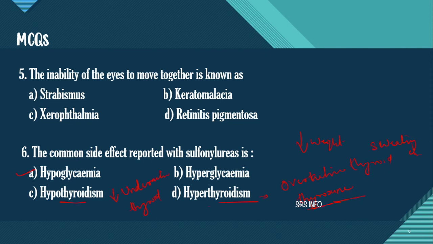It disrupts the heart rate, body temperature, etc. It will lead to fatigue, cold sensitivity, constipation, dry skin, and unexplained weight gain. This is most common in older women. So the common side effect reported with sulfonylurea is hypoglycemia.